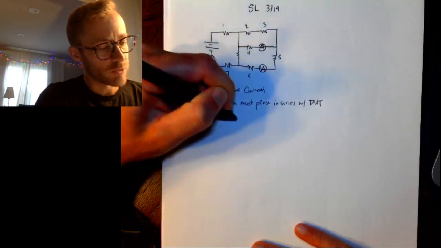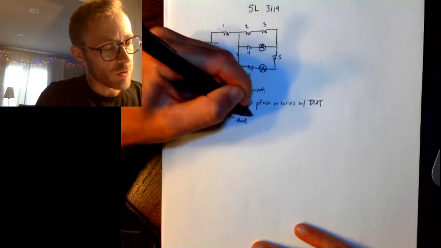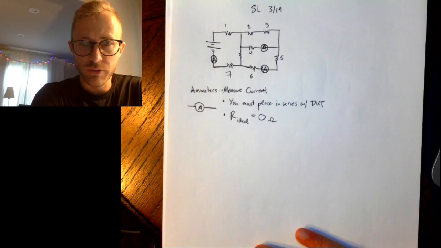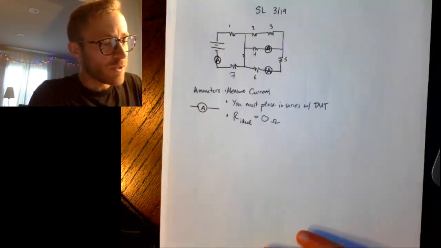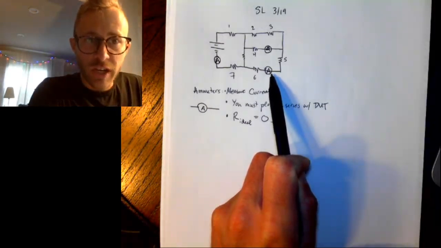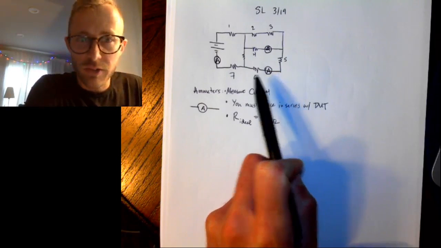The resistance of an ideal ammeter is 0 ohms. Okay? And the reason for that is as follows. If an ammeter had any resistance, it would change the amount of current that flows through the device under test.